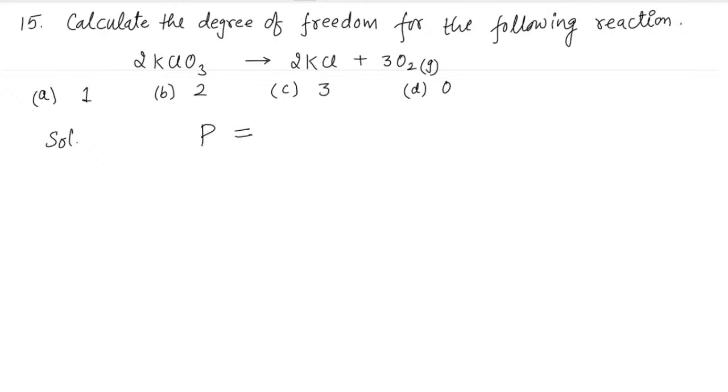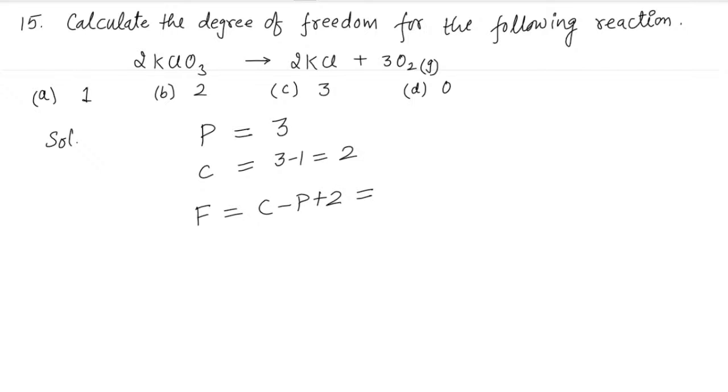So there are in total 3 phases, one KClO3 solid, KCl solid and O2 gas. So 3 phases. And how many components? 3 species and 1 equation. So 2 components.